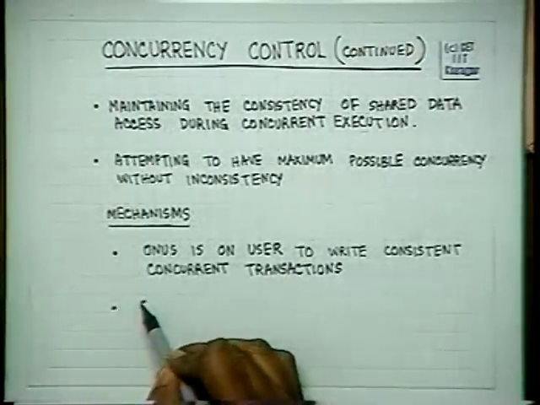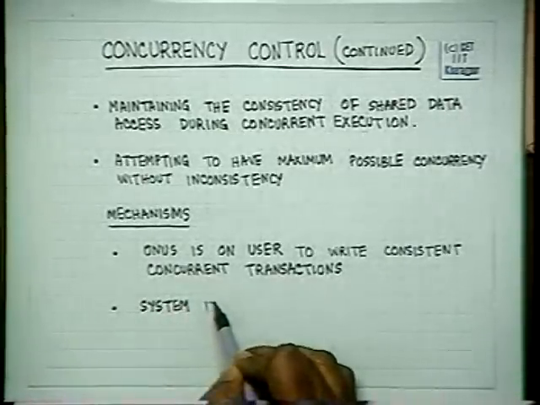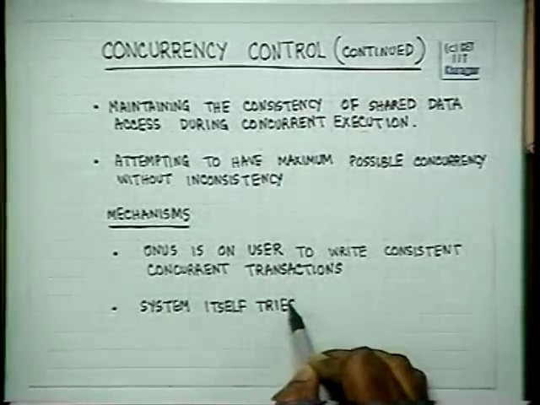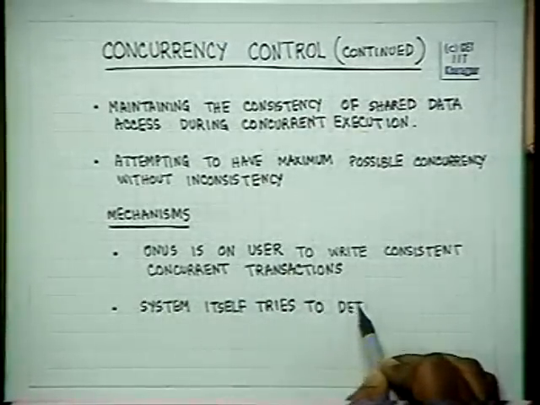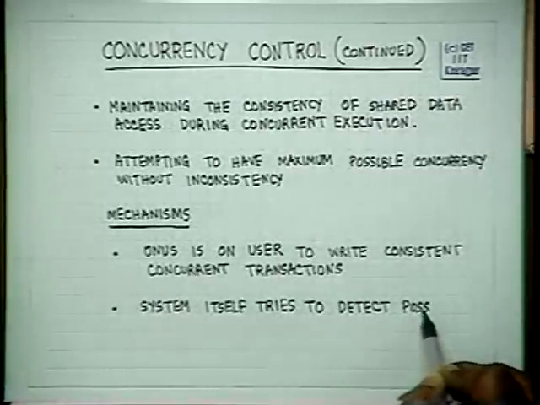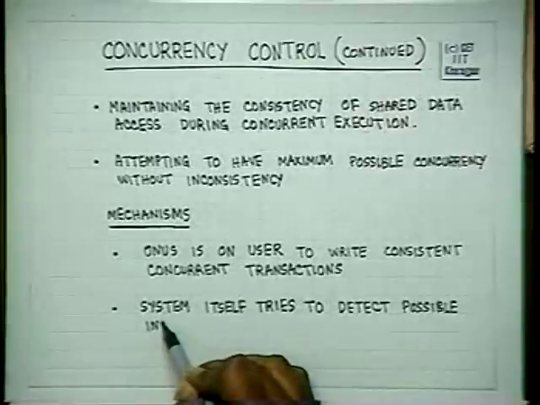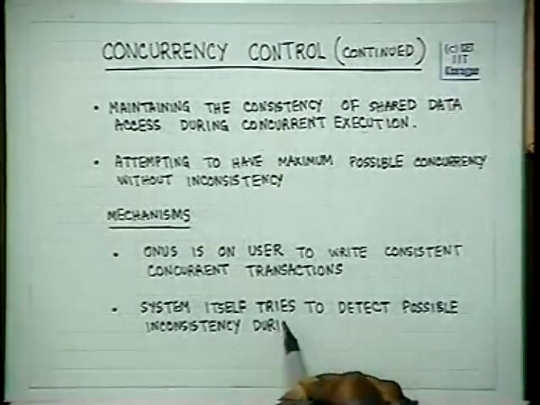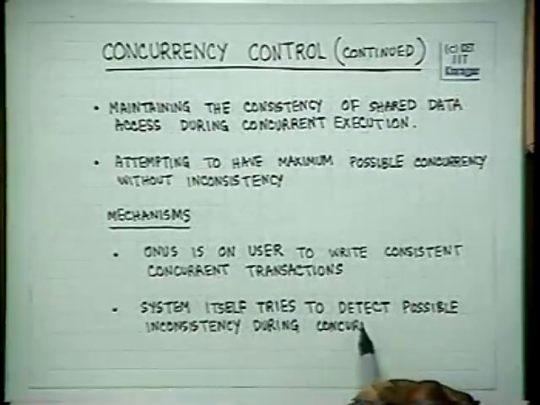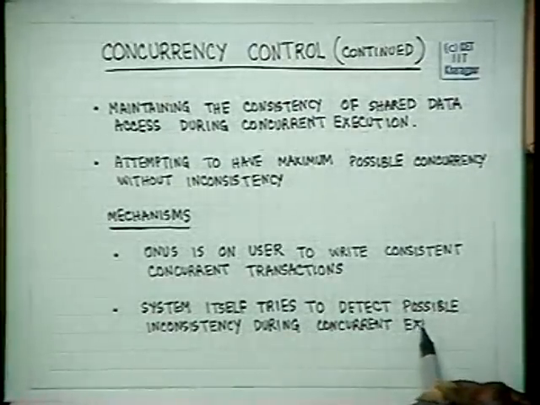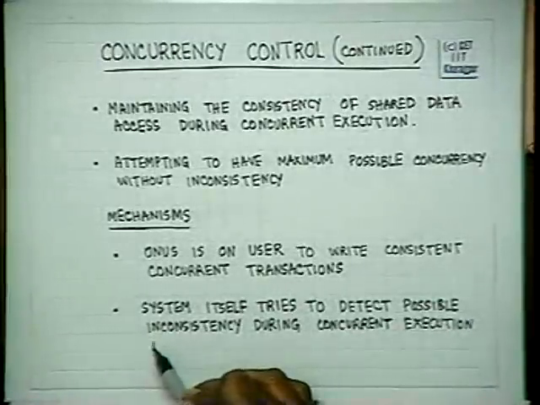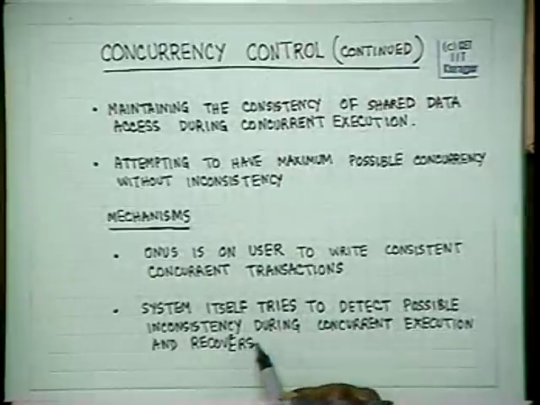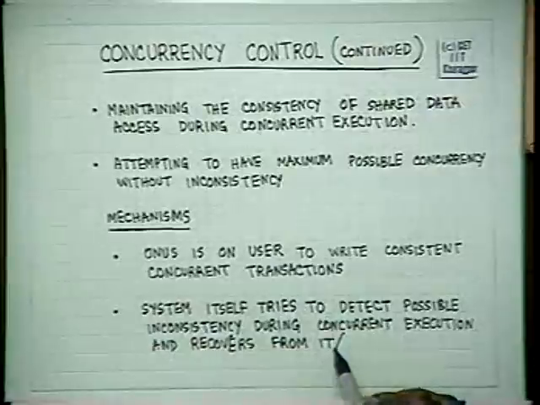The second is system itself tries to detect possible inconsistency during concurrent execution and recovers from it or avoids it.